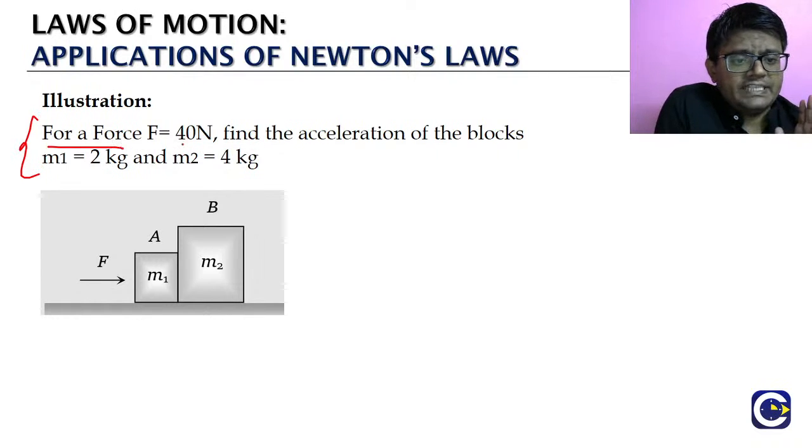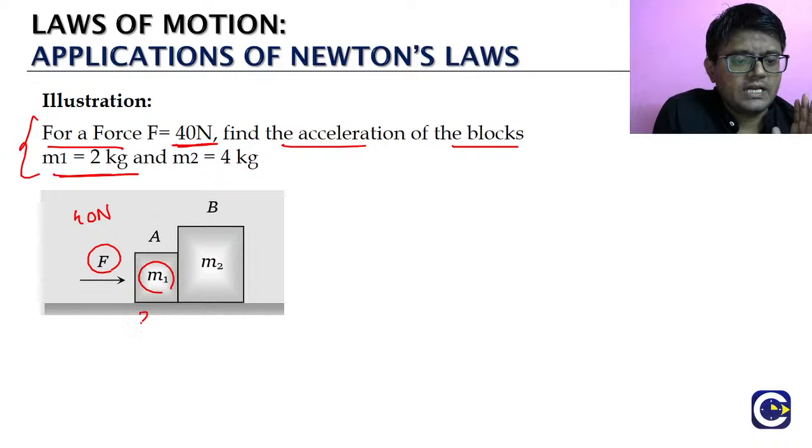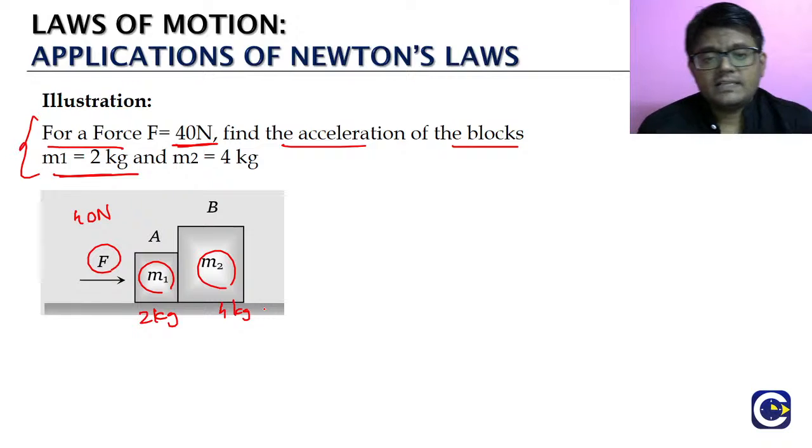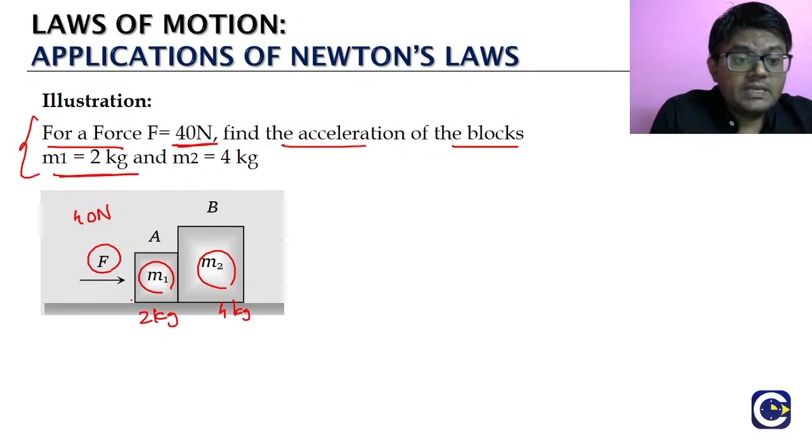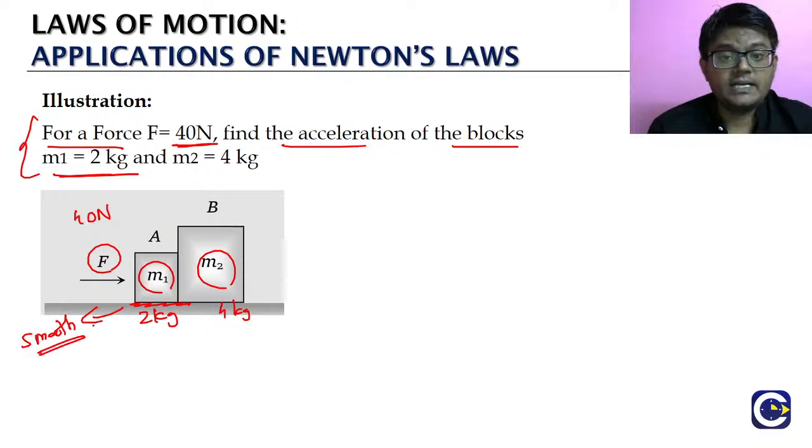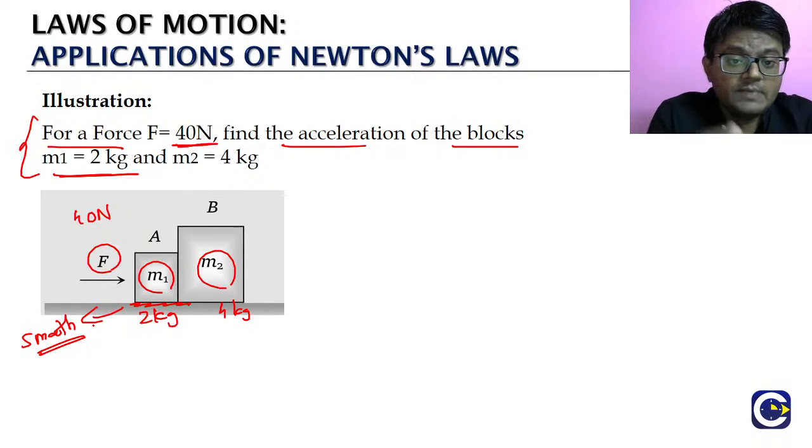For a force F of 40 newtons, find the acceleration of the blocks. M1 is given as 2 kg, and M2 is 4 kg. Check it, guys. Here they didn't mention any roughness, so we will assume the surfaces are smooth. If they want to talk about friction, they have to give some information, like the coefficient of friction.